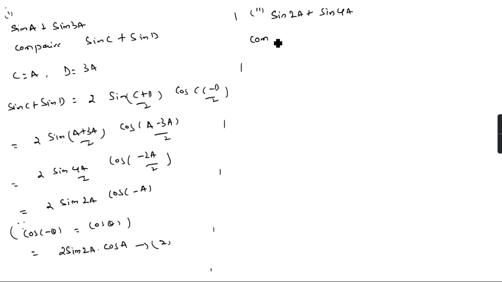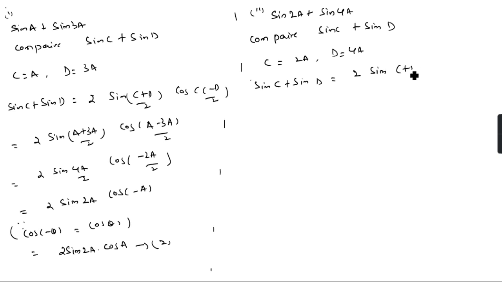So compare sin C plus sin D. What is the C value? C value equal to 2A and D value equal to 4A. So therefore the original formula, what is the formula? Sin C plus sin D is nothing but 2 sin of (C plus D) by 2 cos of (C minus D) by 2.